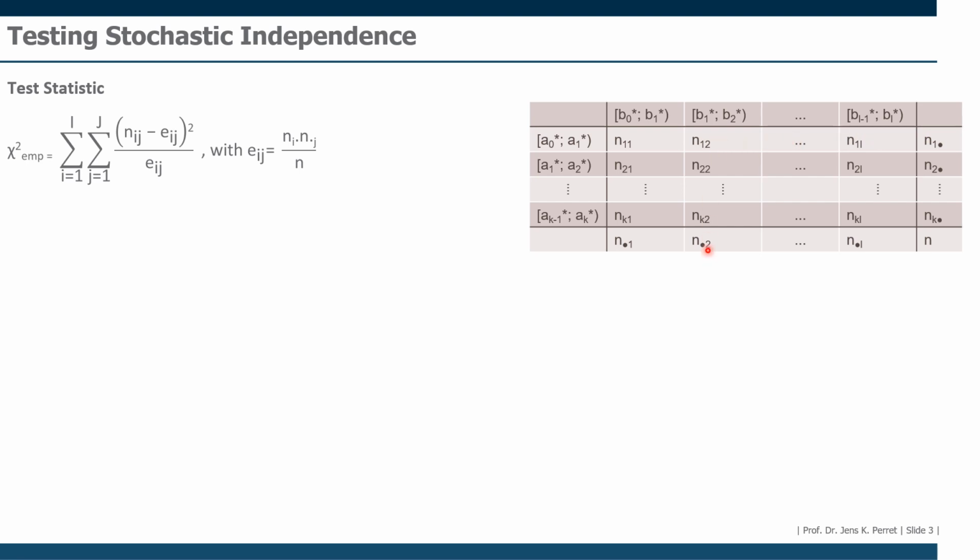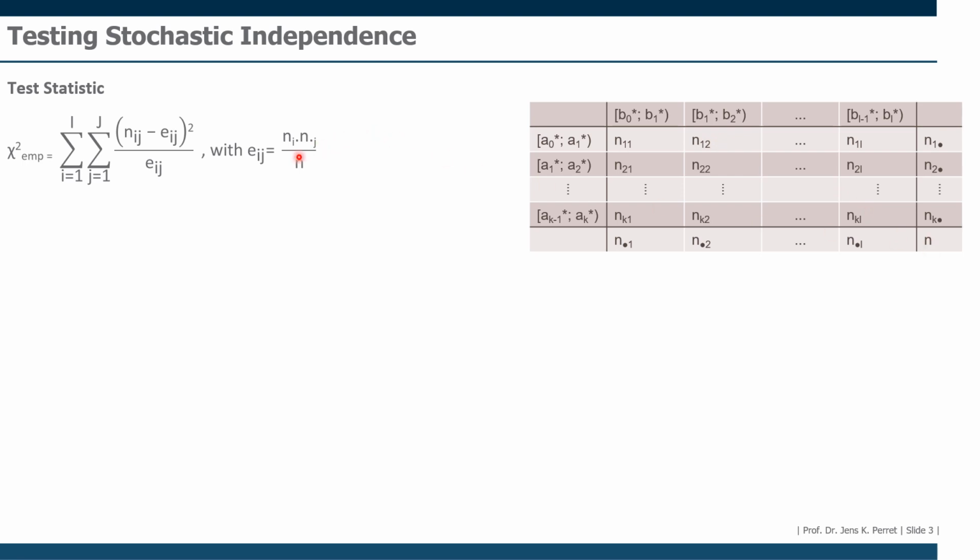So I'm going down here, take this value, going to the right here, take that value, multiply those two, and divide them by the overall number of observations. So it's like building a rectangle here, multiplying these two opposing corners, dividing by the corner opposing the original value.